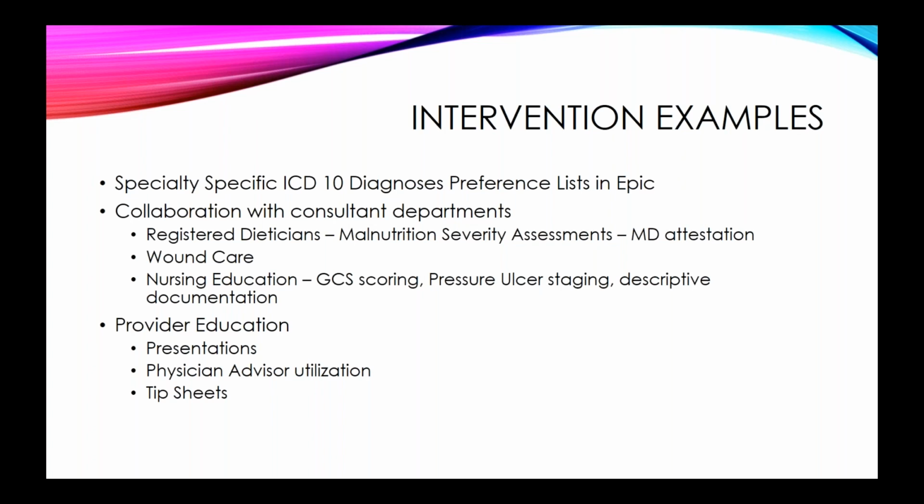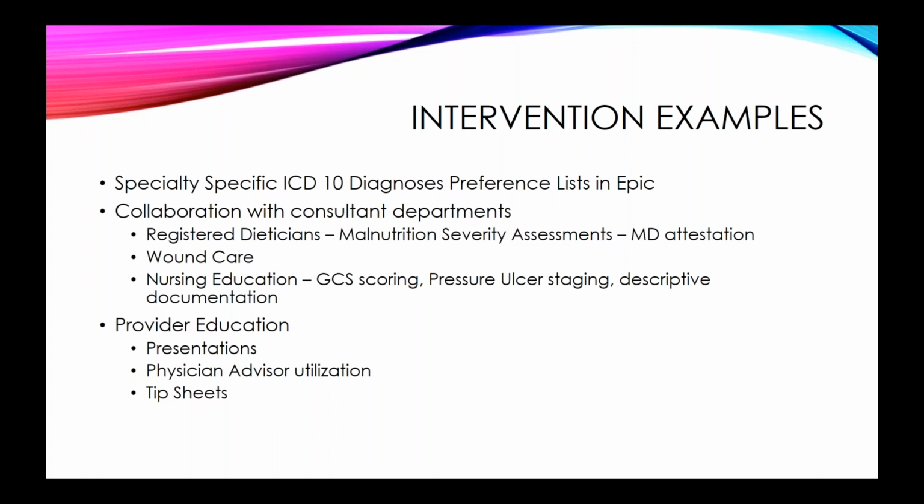We collaborated with consulting departments. I mentioned this before: registered dietitians use a malnutrition severity assessment. We have been working on ways to get that transition from a nutritional diagnosis to a medical diagnosis so that it can be captured on the claim and be captured as an HCC. Wound care, which I mentioned earlier, and then also nursing documentation.